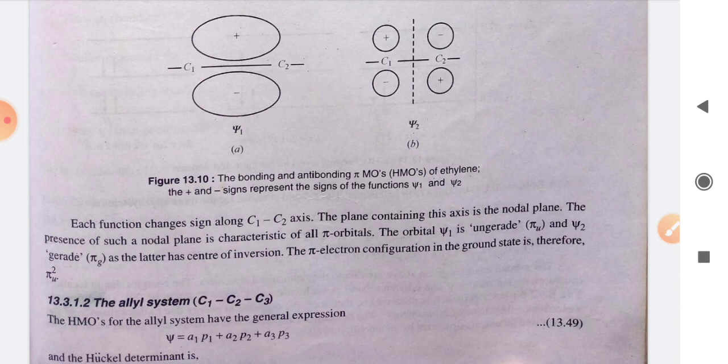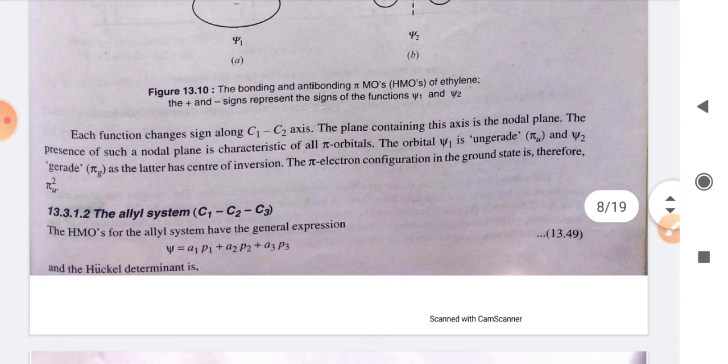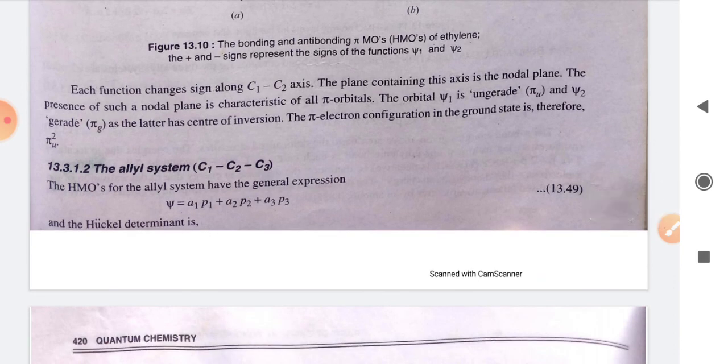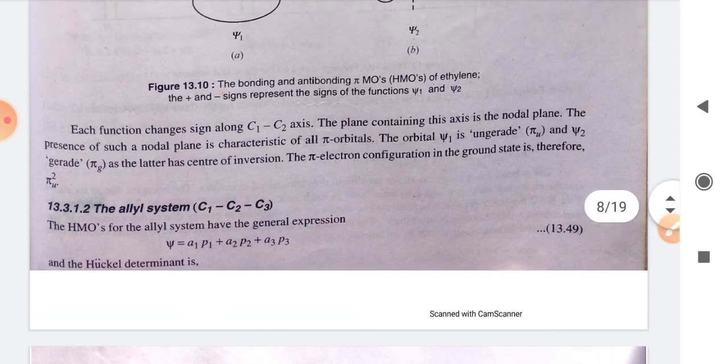Next we found the x values by solving those equations, put them into the energy expression to find the energies, and lastly obtained the wave equations and plotted them as a graphical representation. This is the simple procedure we are going to follow for all the molecules. The same procedure can be applied to 1,3-butadiene as well as benzene.